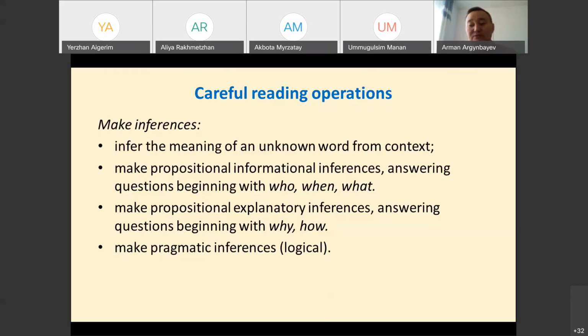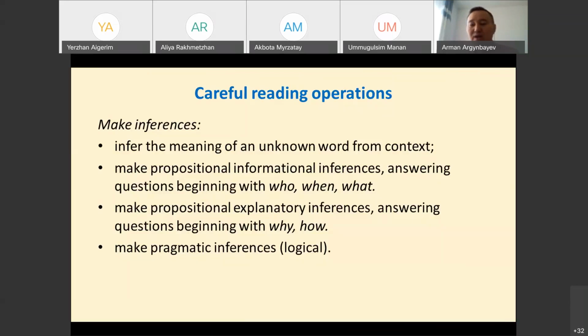Or they say find the word which has the following definition in passage 5, for example. But they don't say for the whole text, because students will waste a lot of time just searching for the word in the whole text. So when you use this kind of task, it's very important to specify the line or a passage. It's very important.